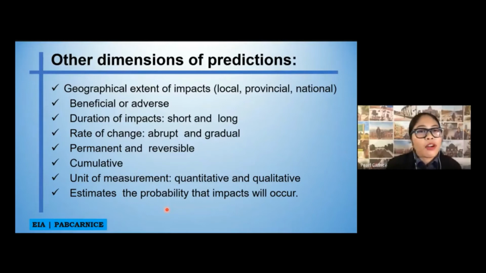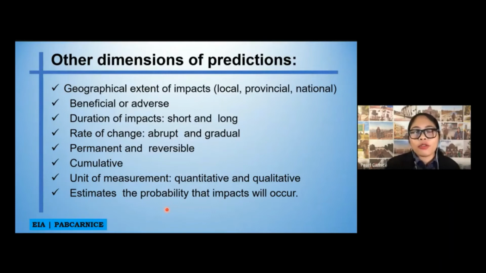At the same time, there are projects which are in category 4. There are projects that would enhance the ecosystem, or it's an enhancement project that would contribute to the betterment of the ecosystem per se. So that kind of project is beneficial. And its impact prediction is, of course, since it's category 4, should also be beneficial.